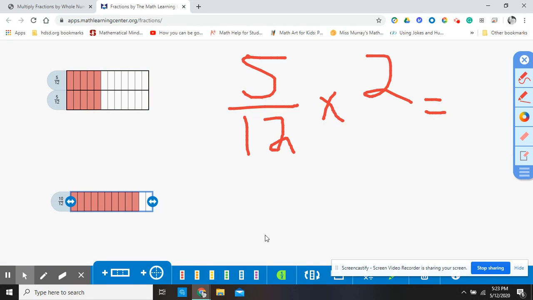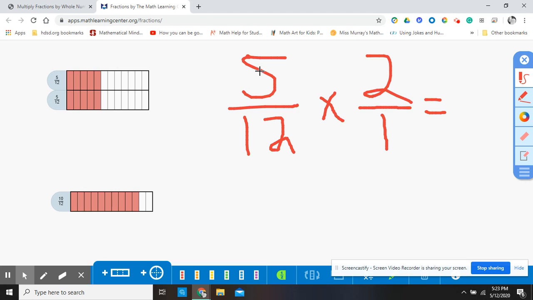Now, some of you may have figured out the mathematical way to do this, and I'm going to show you that as well. A whole number can be represented as a fraction. The numerator is going to be the 2, and the denominator is going to be over 1. We did this earlier in the year. When multiplying fractions, unlike adding and subtracting fractions, you can just multiply across the top and multiply across the bottom.